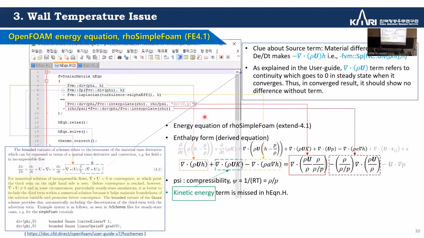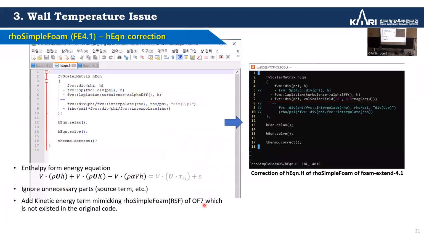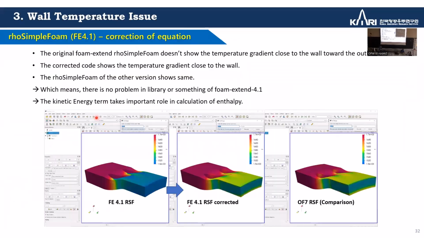But the equations from foam-extend are wrong, or they have some equations that I don't understand well, and they miss some terms like kinetic energy here. So I changed the equation of OpenFOAM, and I can get the right solution. This is the original code, and I corrected it, and then I got the right solution compared to the other version.